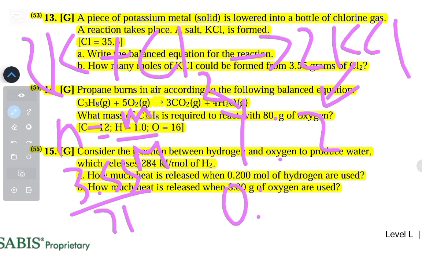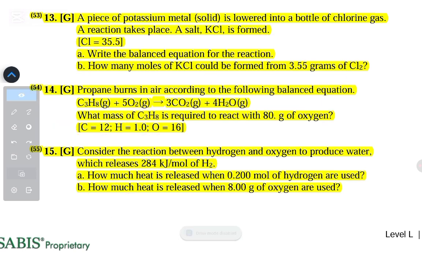Now just cross multiply. How much do you get? You get 0.1. That's it.